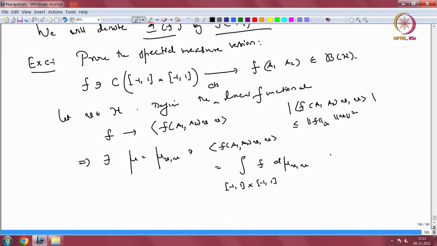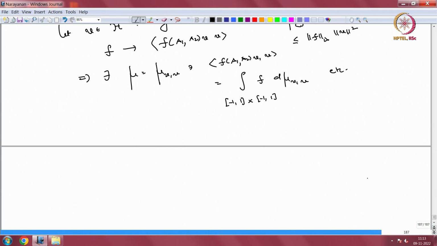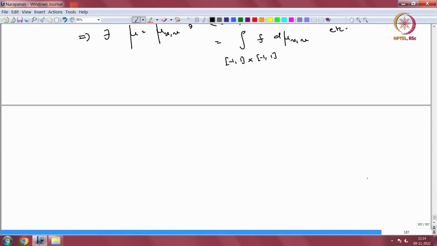So, I will leave the rest to you, because once you have this measure, you can define the same integral for functions which are bounded, and because of the measure mu v v you can polarize that and see that it has all those properties you want. You will get a star homomorphism from bounded functions on minus 1 1 cross minus 1 1, which is a star homomorphism, right.